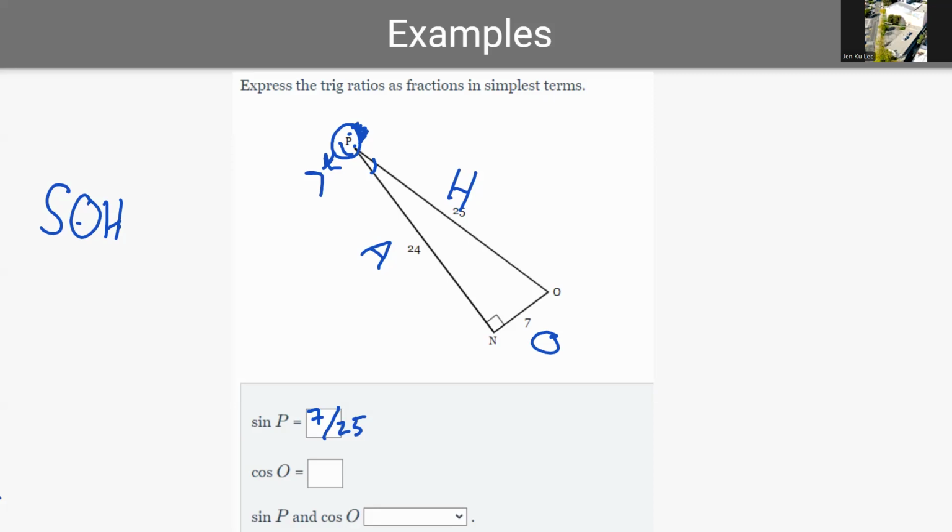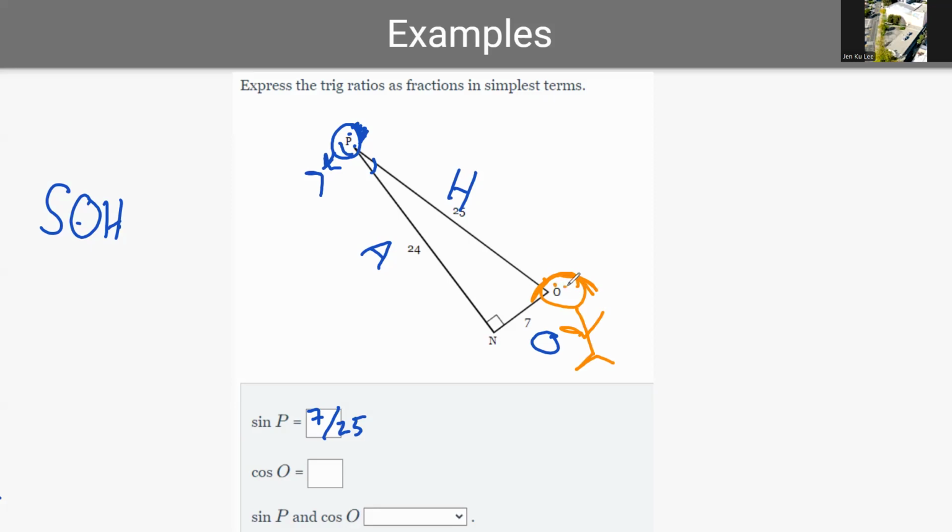Now it says to get the cosine of O, of angle O, which is right here. Right? That's angle O. And then if I want the cosine of angle O, I'm going to first have to label the sides. Okay?